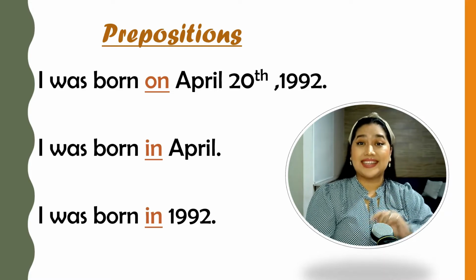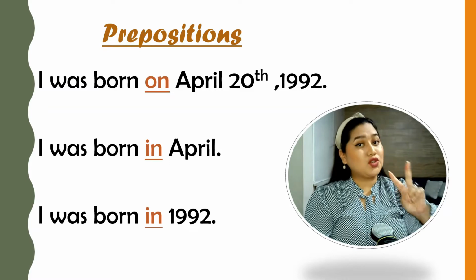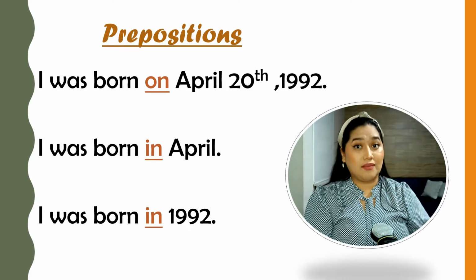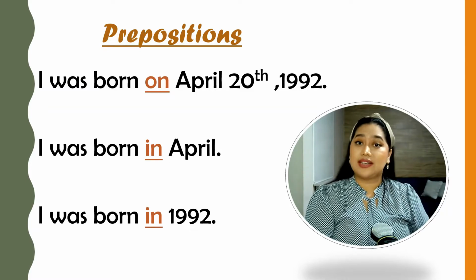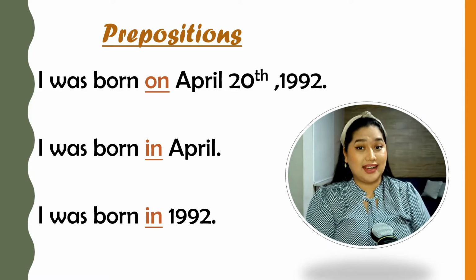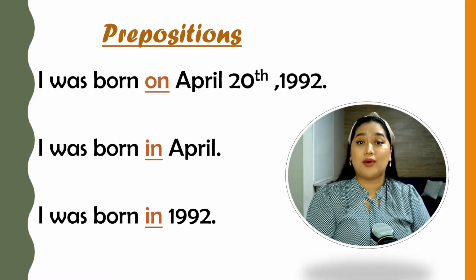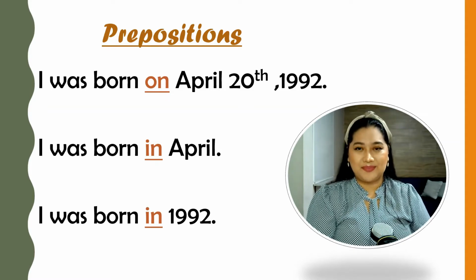So don't forget it. When you talk about dates, you need to remember there are two ways to say a date. For example, I was born on April the 20th, 1992. Or I was born the 20th of April, 1992.